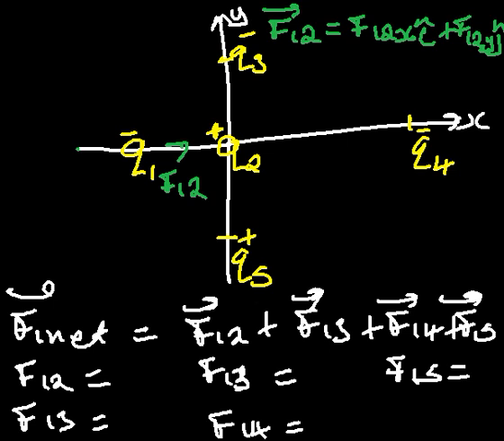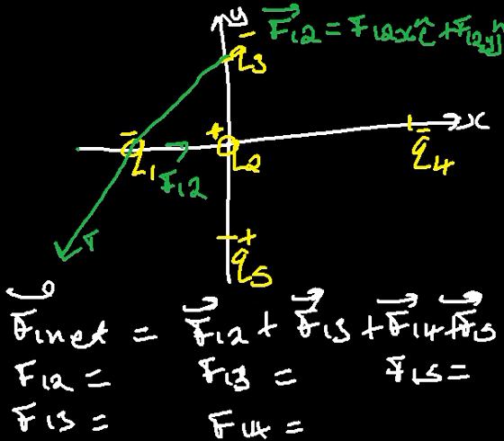Then we'll go for F13. F13 will be solved using Coulomb's law. It is between these two charges. These are like charges, and the force charge 1 will experience will be a repulsive force, and it will be towards this direction.